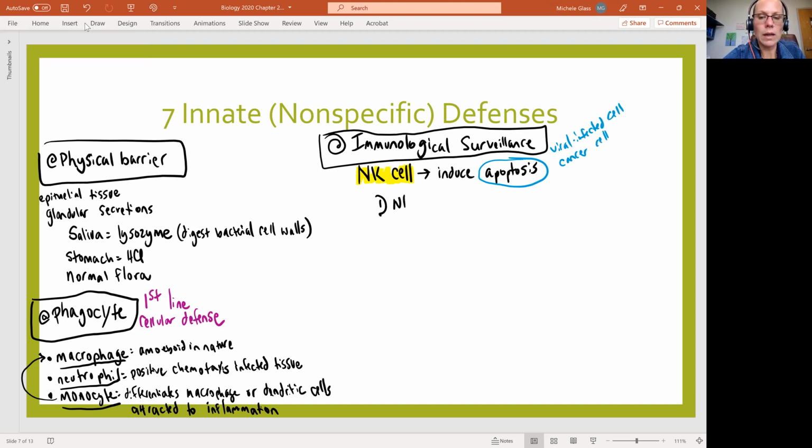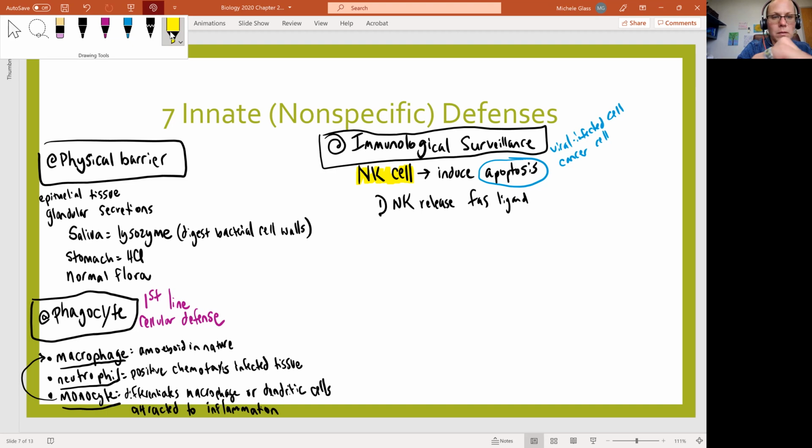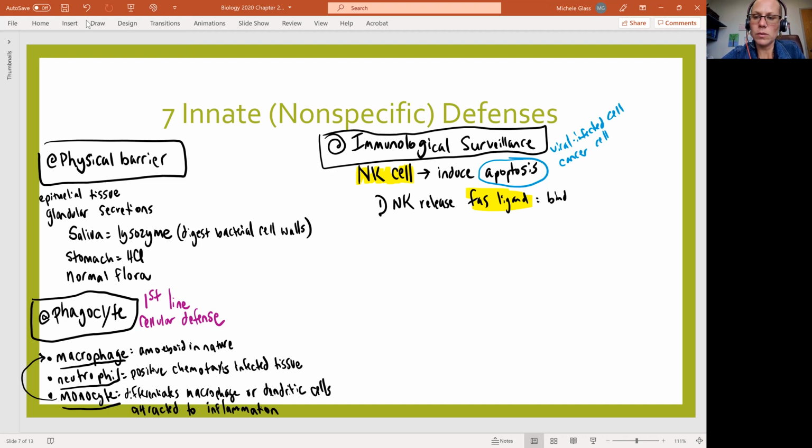Number one, the NK cell can release what's called Fas ligand, a chemical that binds to the infected cell and triggers apoptosis. So cells can have genes that get activated that trigger the apoptosis to occur.